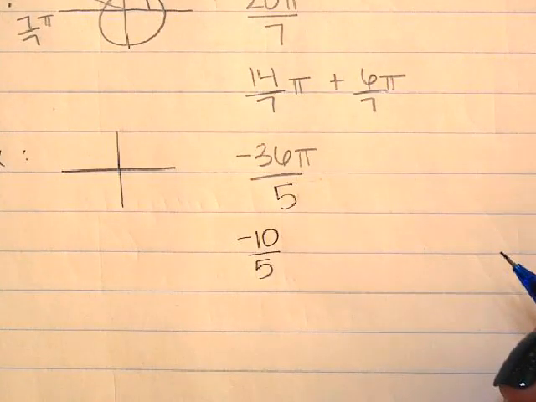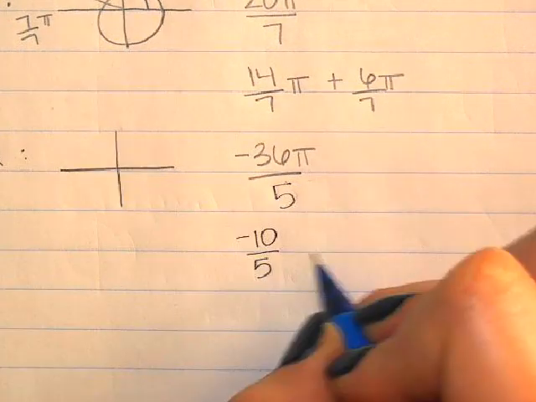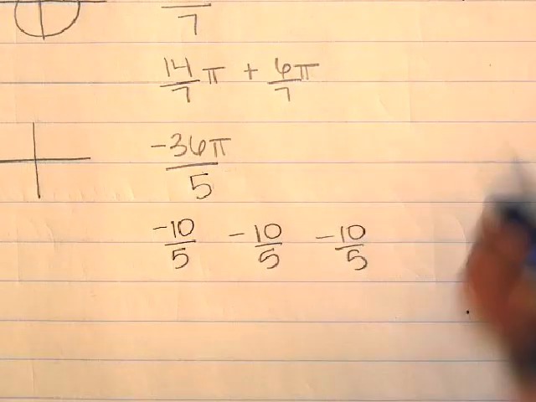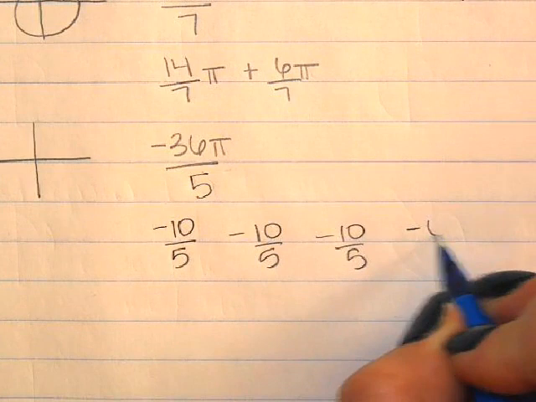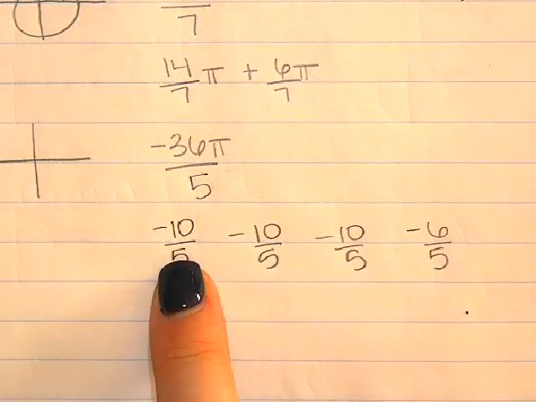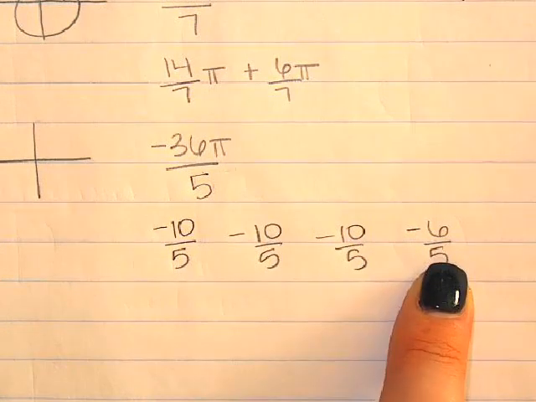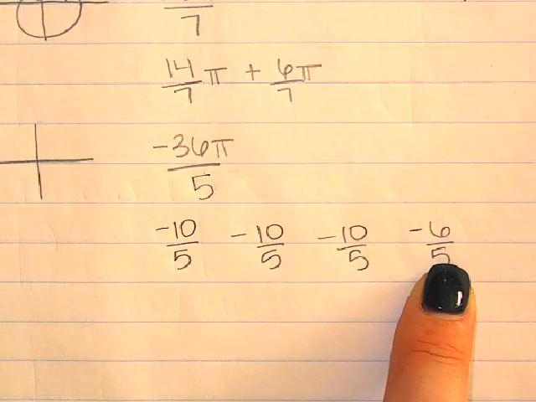So negative 10 fifths is one full circle. Negative 10 fifths again is another full circle. 3 full circles. And then how much more? Negative 10, negative 20, negative 30, negative 36, right? Okay, so we're going to count it up.